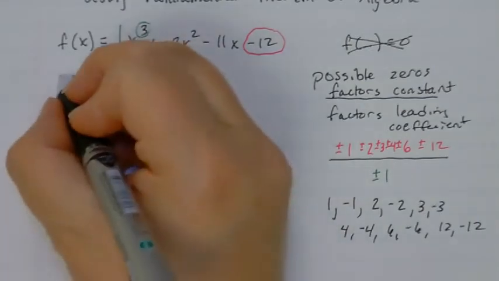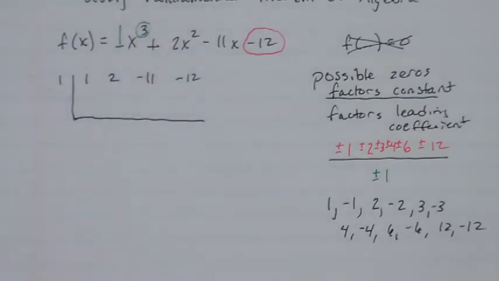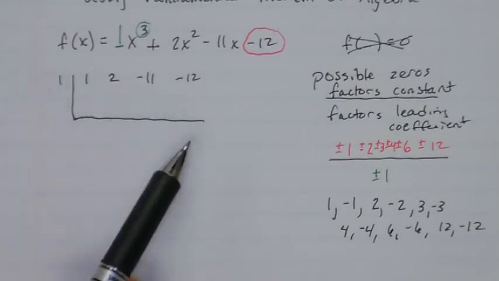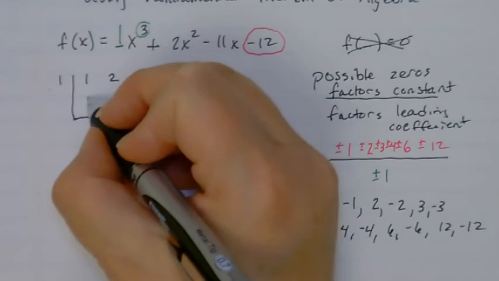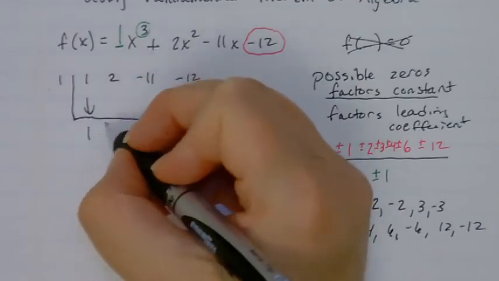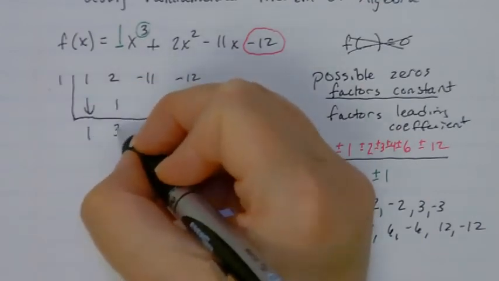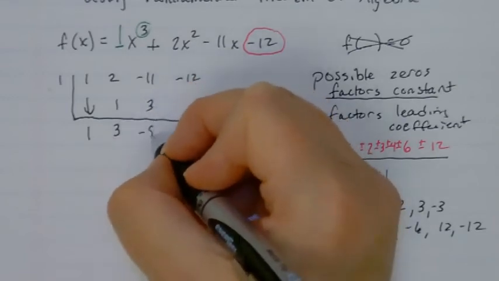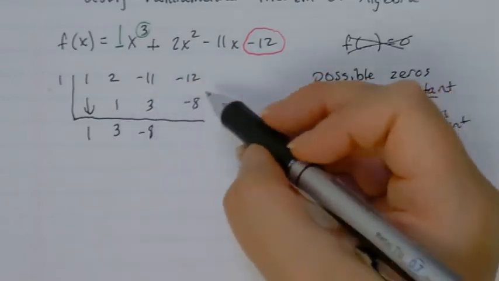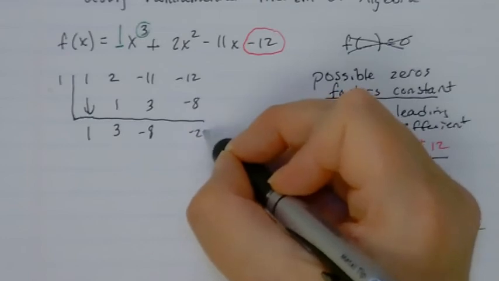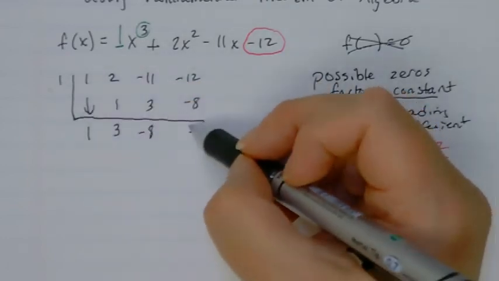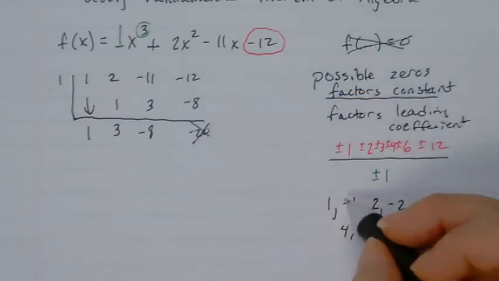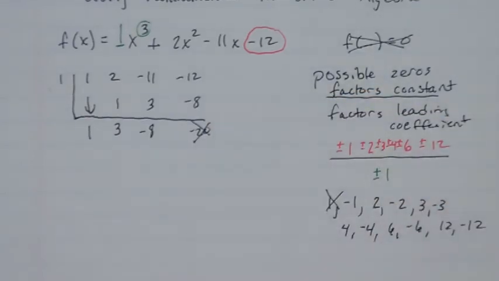I'm going to start with 1. I want to see if I put 1 in, I get 0 out. So I'm going to do synthetic division. What happens at the end is I get negative 20. So when I put 1 in, I get negative 20 for y. This is not 0, so that means 1 is not one of our zeros.